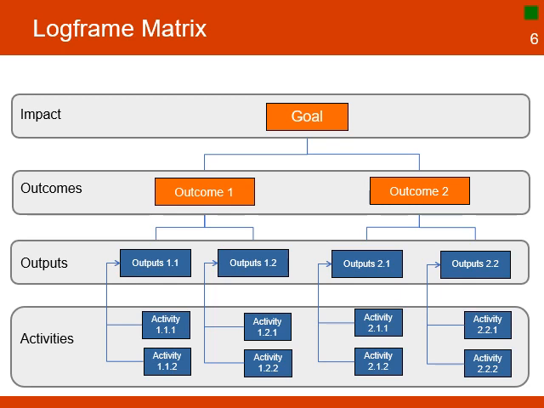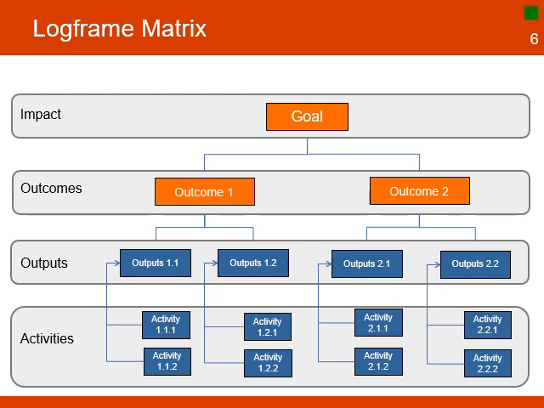Here are 4 levels of the log frame with activities, outputs, outcomes, and final goal. Each element of this structure is identified by a unique number that follows a hierarchy from outcomes to activities. This representation helps identify a key characteristic of project design.